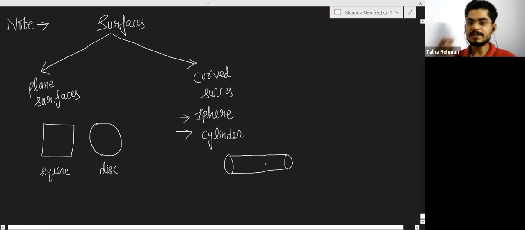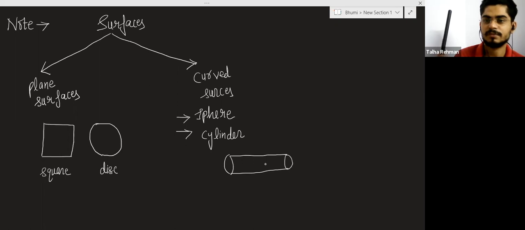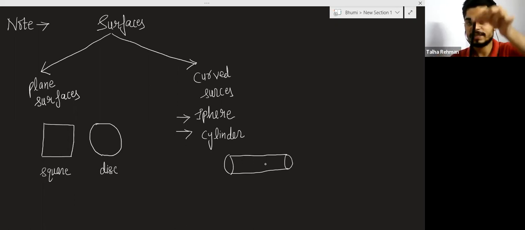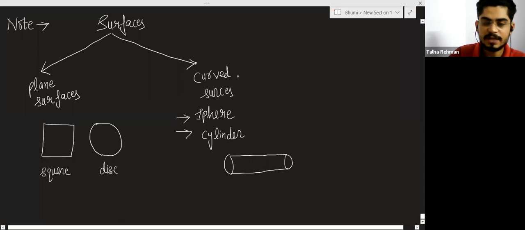So cylinder is three-dimensional. You can imagine this as a cylinder. This is having a length L, and this is the area of cross section. So this cylinder is a curved surface. It's having a length L and an area of cross section.